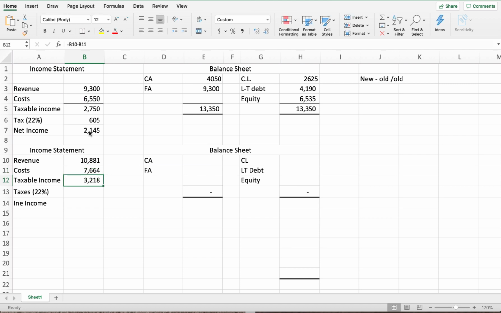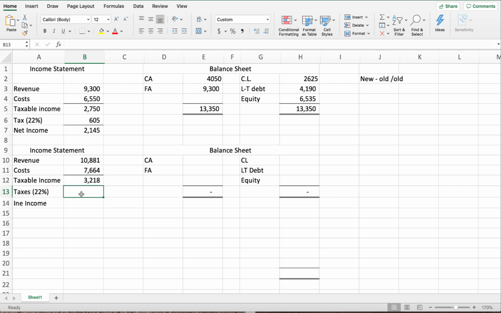I got $7,664. Okay, so we're rounding here. So if you got 7663.50 or .56, that's fine. I'm going to get rid of those cents because they're really immaterial to us. So we have our taxable income right here of 3217 or 3218.